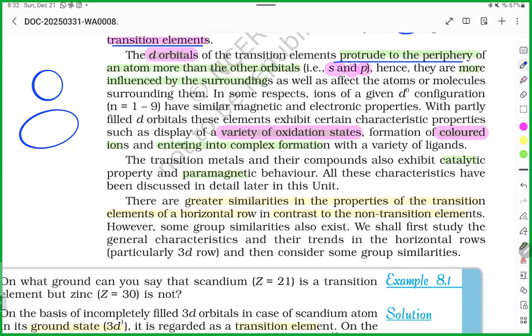That's why you will see zinc 2 positive and scandium 3 positive are both colorless. Why? Because there is no unpaired electron. In zinc, the d is full, and in scandium, there is nothing. Make sense, guys?